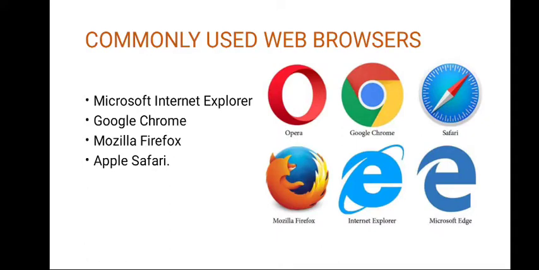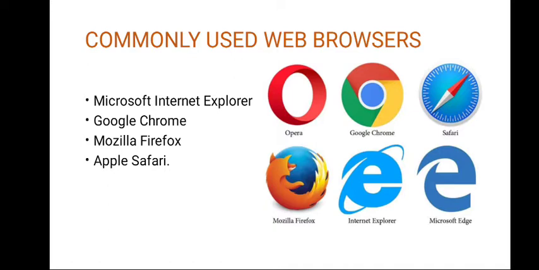All these are the different softwares provided by different companies or different groups of people in order to access the web resources available over the internet. Whatever kind of resource, a video available over the internet, or if you want to use your Facebook website, or YouTube you want to open, whatever you want to open over the internet, you require a web browser software installed in your computer system or in your mobile.